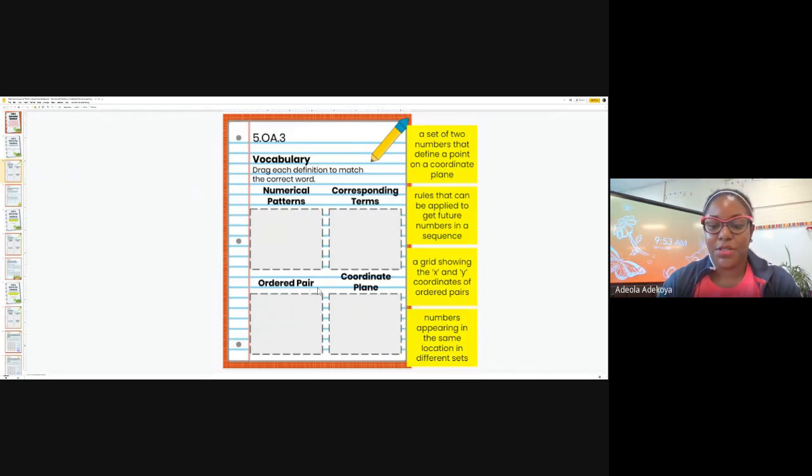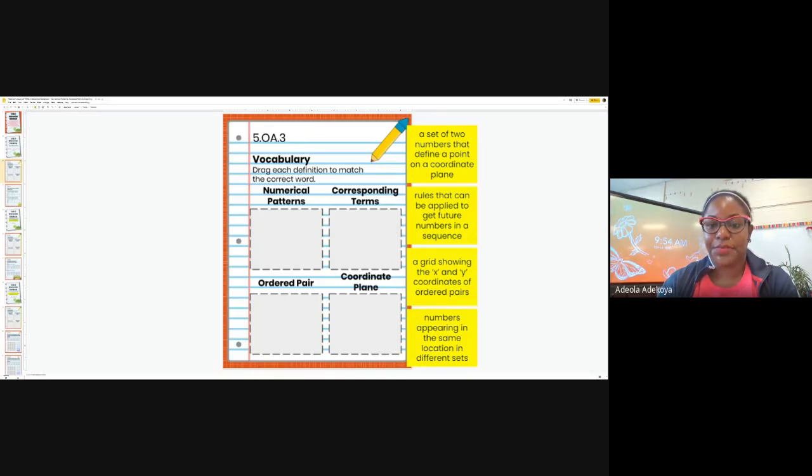Remember that when we talked about ordered pair, we said that they are two numbers and that they go in a particular order, which would be the X and the Y, and a pair means two. So I want to read every single definition and see which one matches the ordered pair.